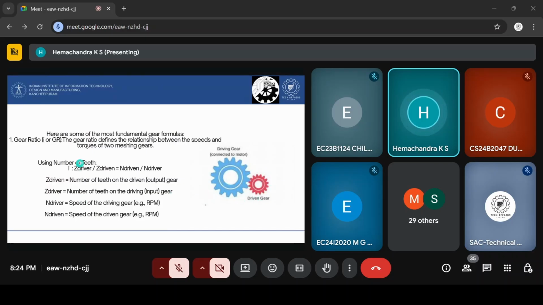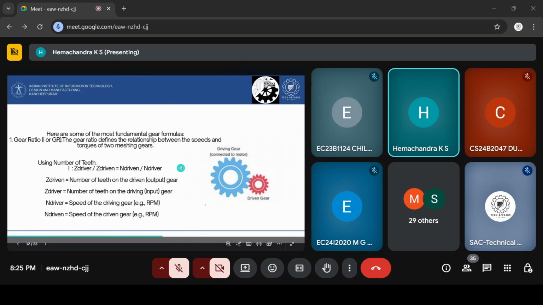So you see the formula, number of teeth is inversely proportional to the speed of the gears. That's what's shown here. If you want, you can take a screenshot. Z driven is the number of teeth on the driven gear, and Z driver is the number of teeth on the driving gear. Similarly, n is the speed for both of them respectively.